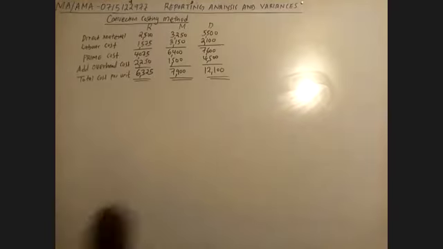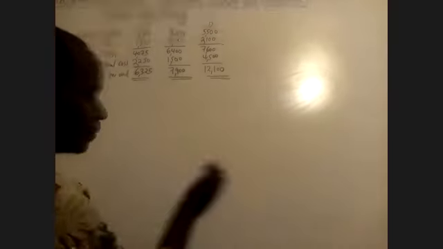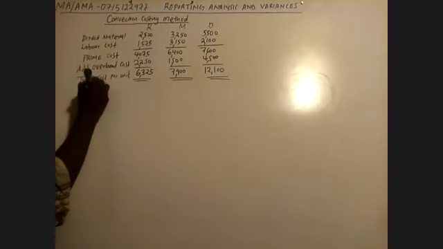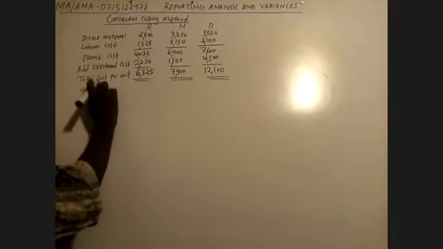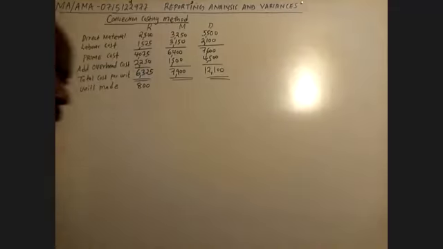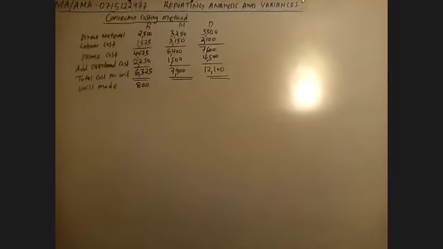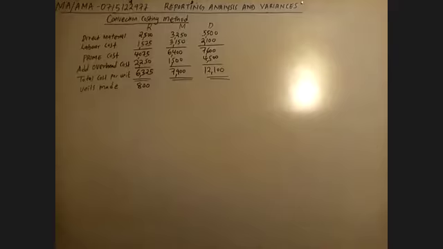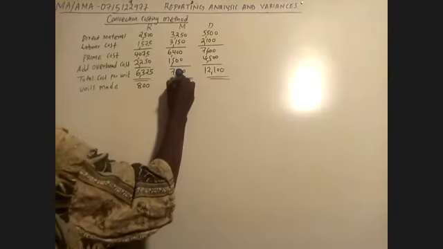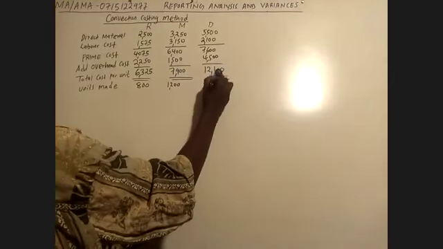Let us see. We start with unit cost and units made. I think this one was 800. The other one was how many? 800. 1200 and 4800.